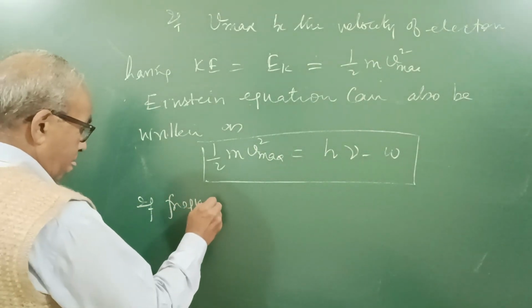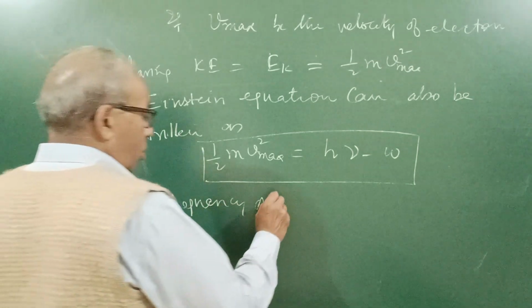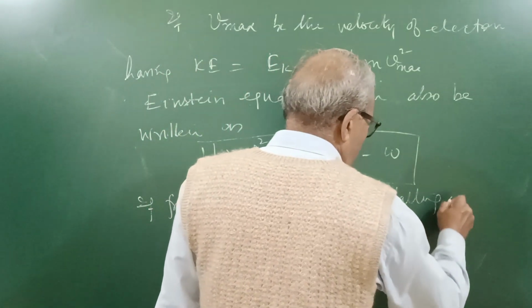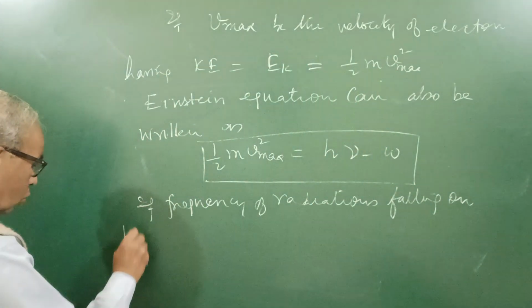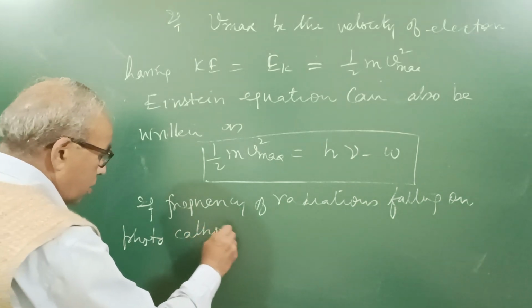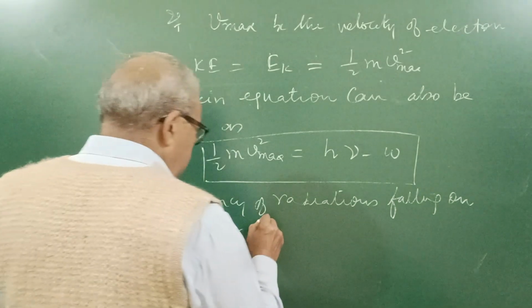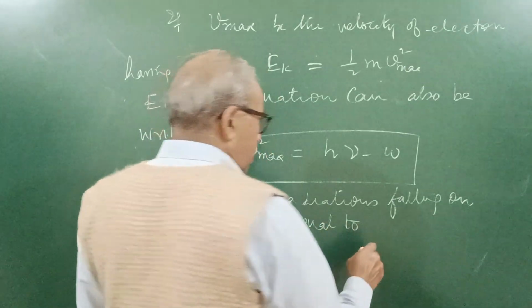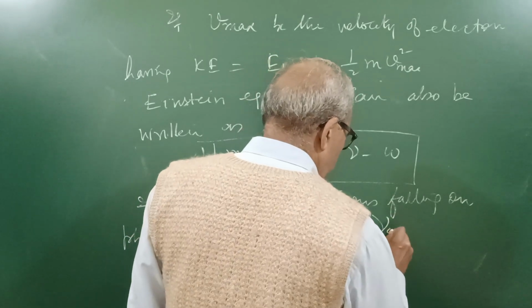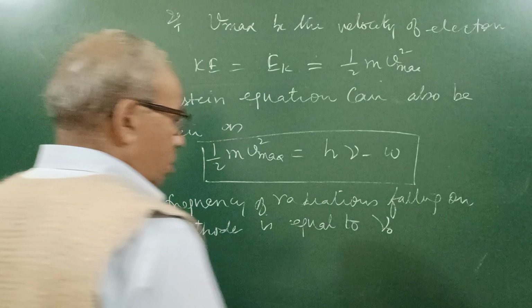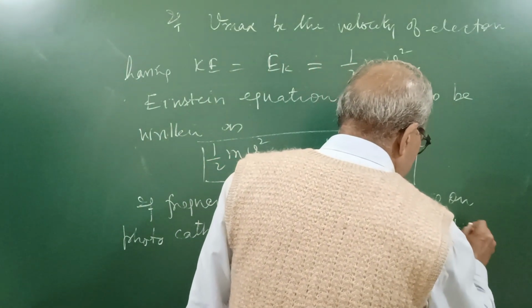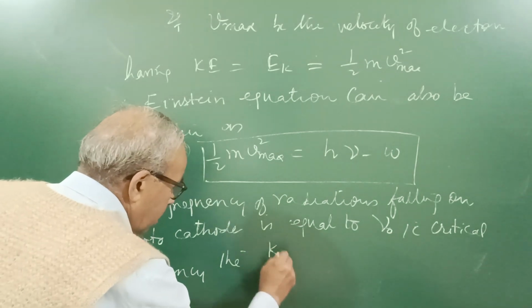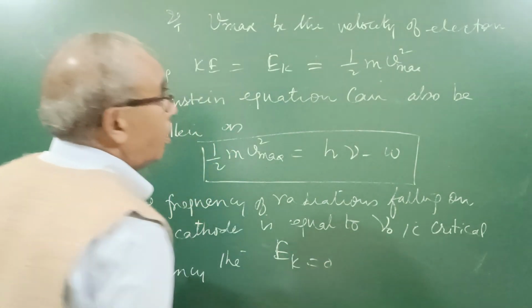Now if the frequency of radiation falling on the photocathode is equal to nu 0, that is the critical frequency, then Ek is 0, as from the graph.